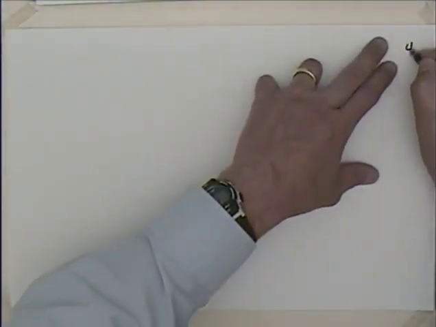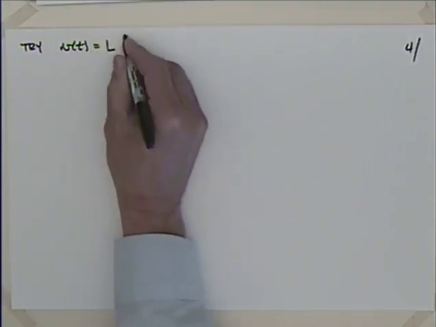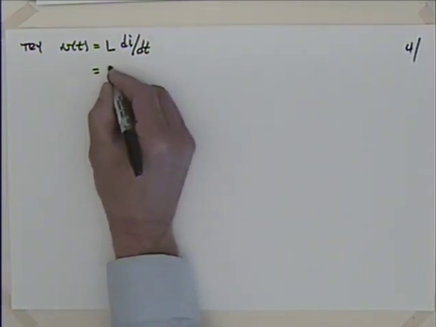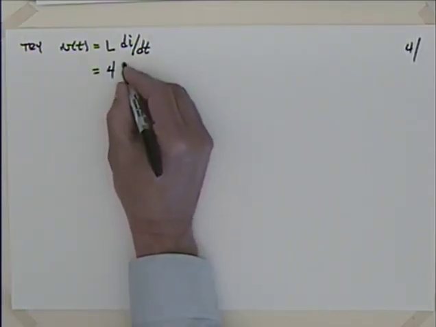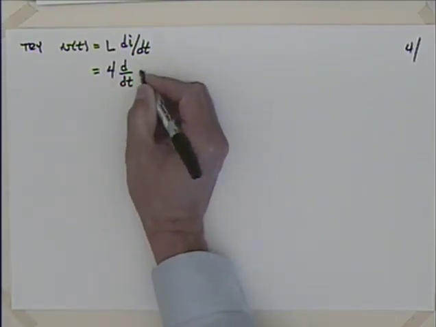And I can say then, page 4, let's try that v of t is equal to L di dt. So we'd have 4. So I've got 4, and then I have to take the derivative with respect to time of i.